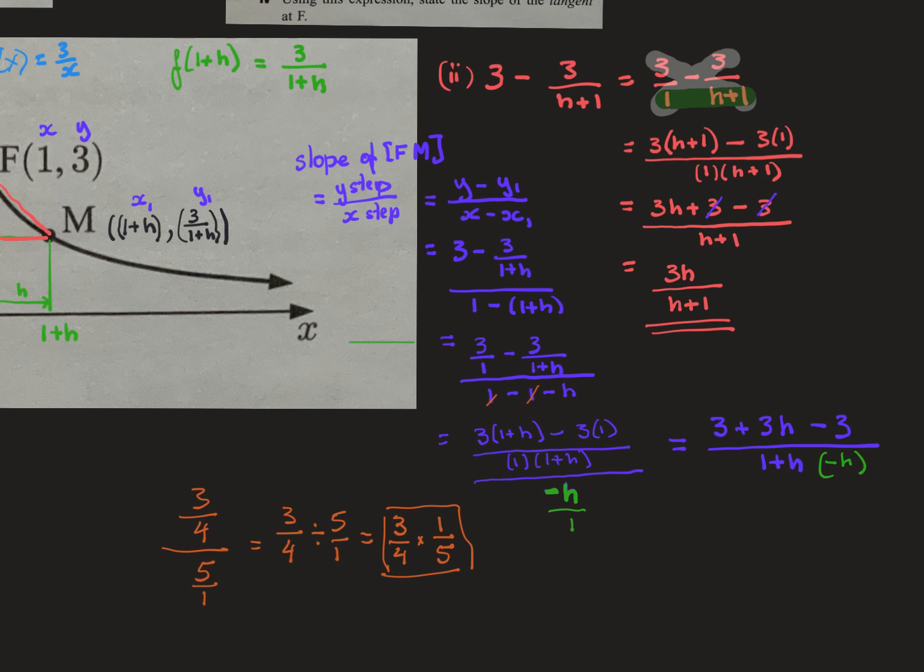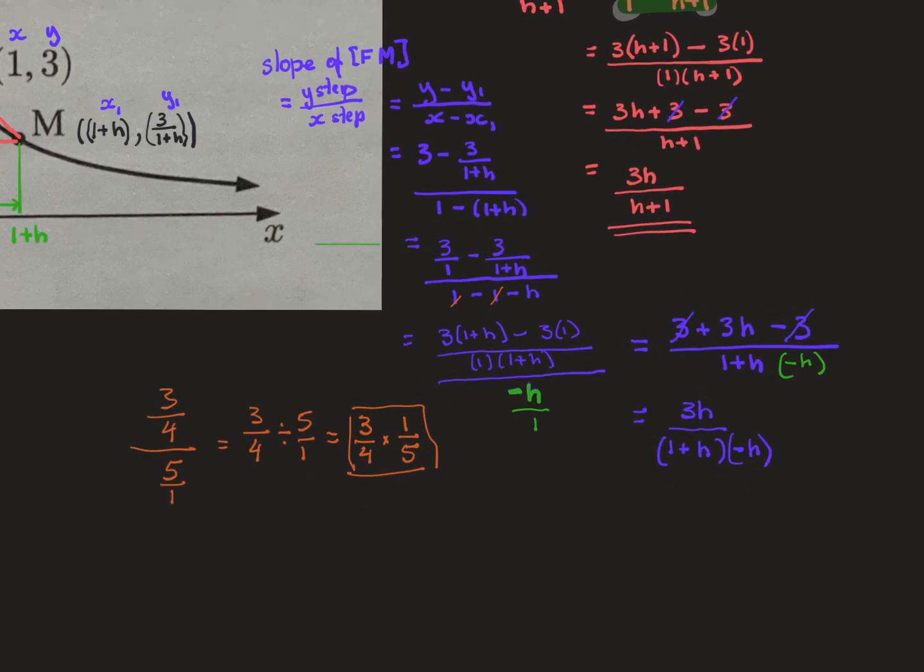Now, we can actually take 3 and 3 and cancel that out. So we're left with 3h over 1 plus h, and we've also got a minus, put that in brackets, and we also have a minus h in here. This is where the trick comes, because you've got to be able to realize that that h and that h can now be cancelled out.